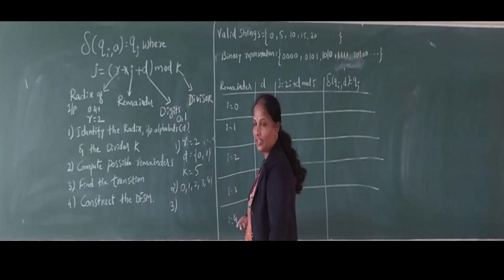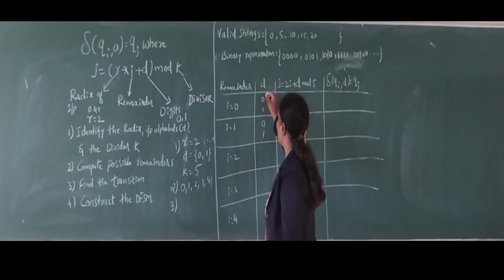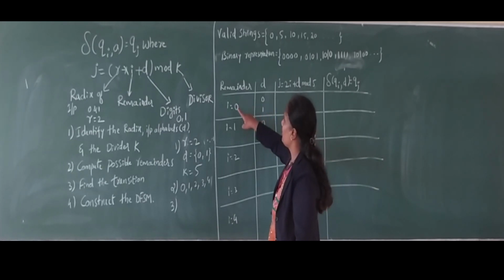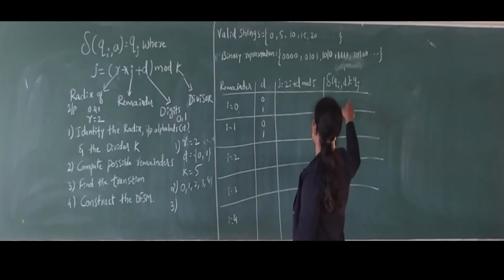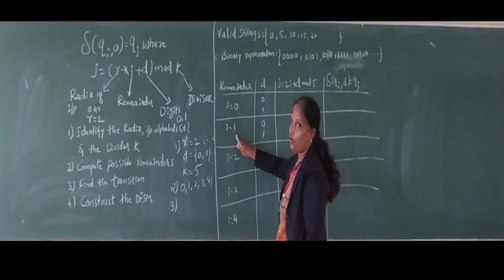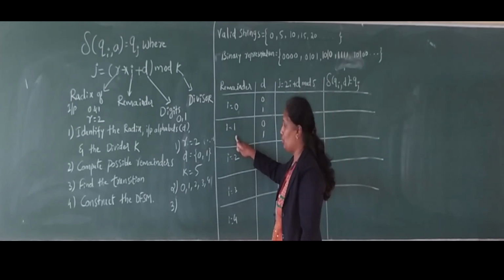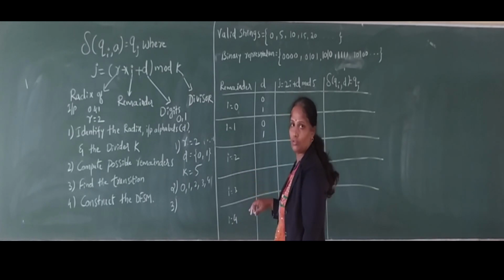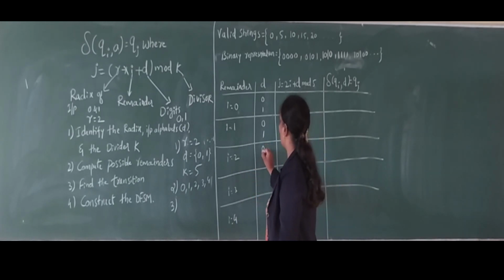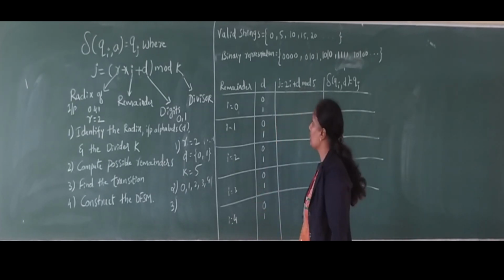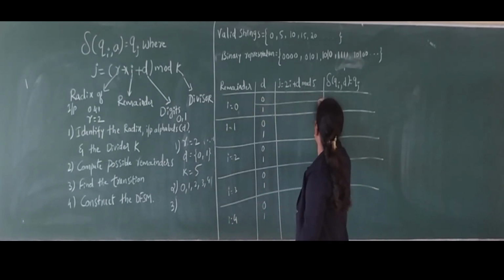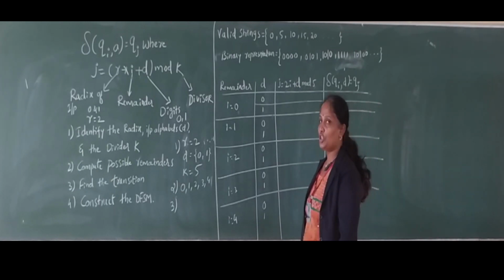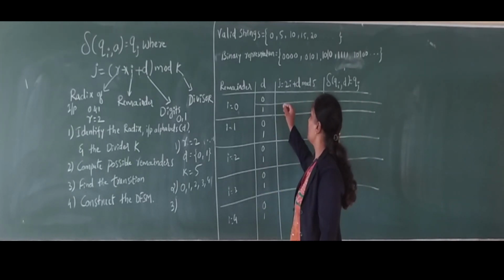So all remainders are considered. Here I should check for remainder 0, for digits 0 and 1, what transitions I get. Same for the remainders 2, 3, 4, and so on. Next I should substitute values in this formula.